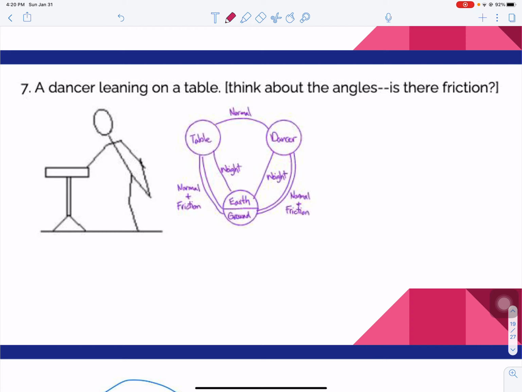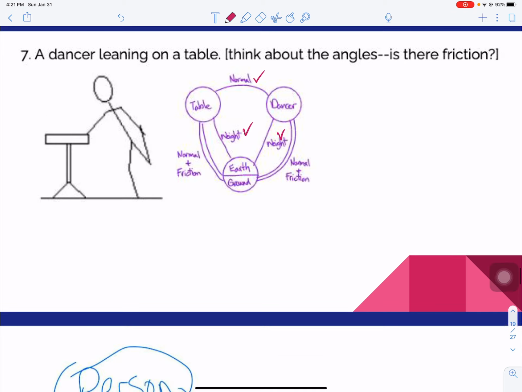Okay, so we've got normal, we've got weight, we've got weight. And just stylistically, they do normal plus friction and have 2 lines. That's kind of interesting. Since they go together, I wonder if I'm okay with that. Usually I draw them separately, but I actually think I might be okay with that notation since you cannot have friction without a normal force. So typically I label them separately, but I might be okay with that.